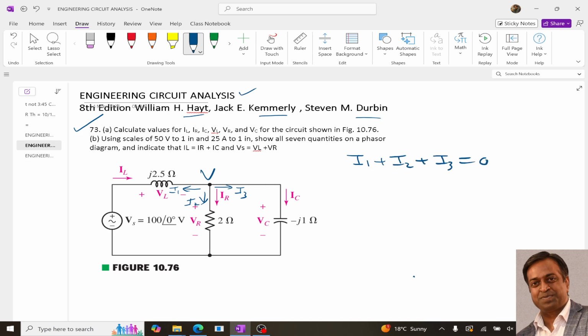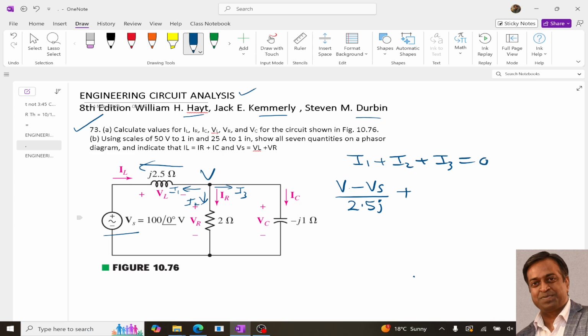Now I1 is flowing in this direction, so I1 will be expressed as V minus Vs upon 2.5j, which is the impedance between V and this source.